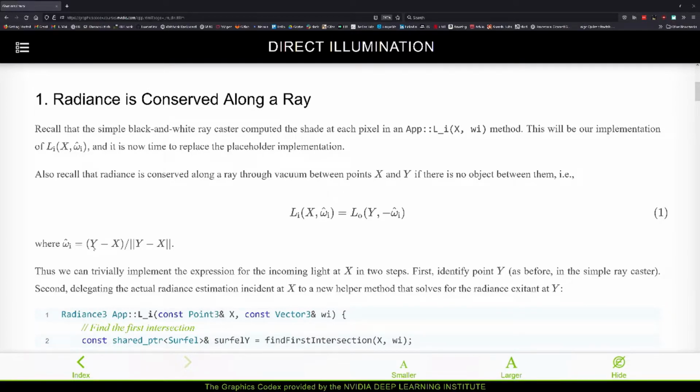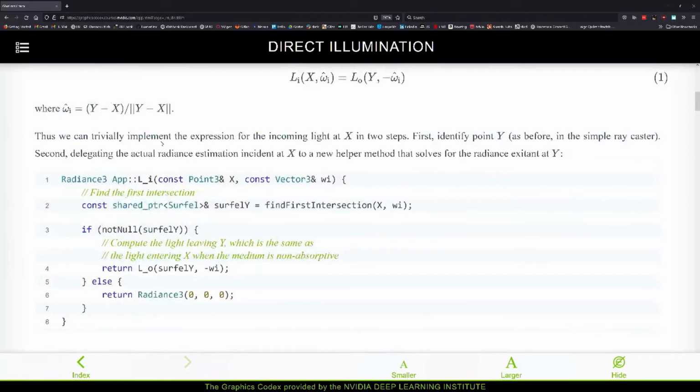That's right, because we're getting the direction X minus Y. We're doing vector subtraction or point subtraction to get a vector, and then we're dividing it by its magnitude to turn that into a direction vector, so it only has a length of 1. So in here we're saying a point and a direction, and the direction has a magnitude of 1, and this is just the inverse of that direction.